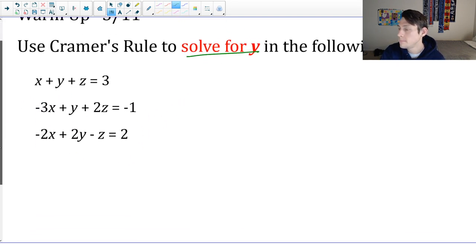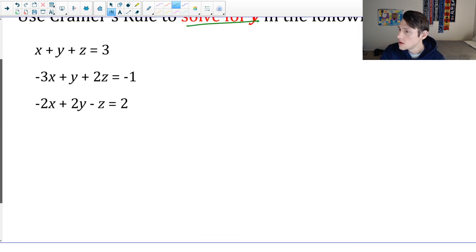All right. So, for Cramer's rule, the first thing we need to do is find capital D, which represents the determinant of the coefficient matrix. So across the top, 1, 1, 1.